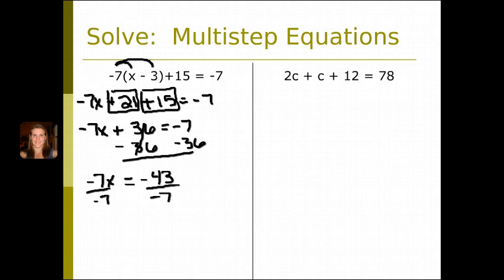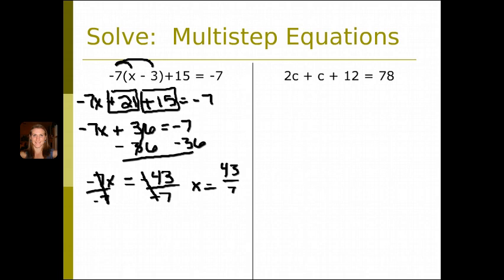And I am left with x equals positive 43 over 7 because our negatives canceled out. Now, you are allowed to have a variable that is a fraction. So we have 43 over 7. But to make sure that that is the correct fraction, again, we need to plug that in.